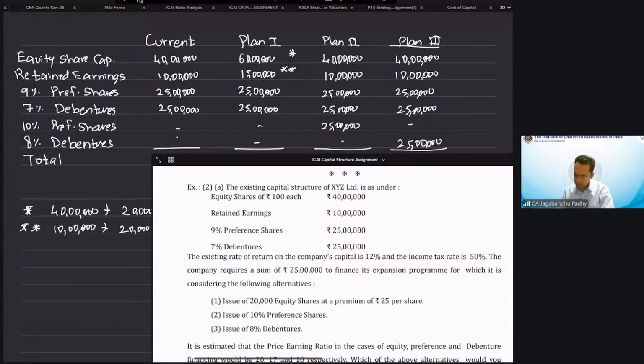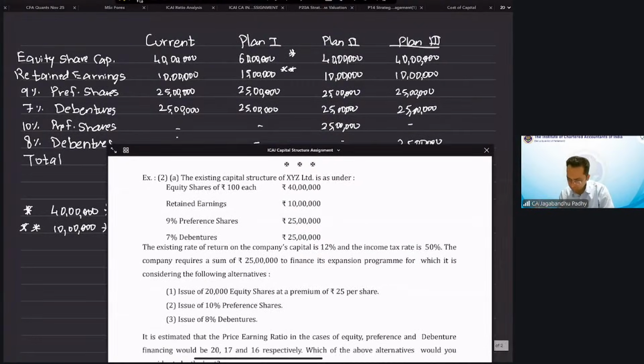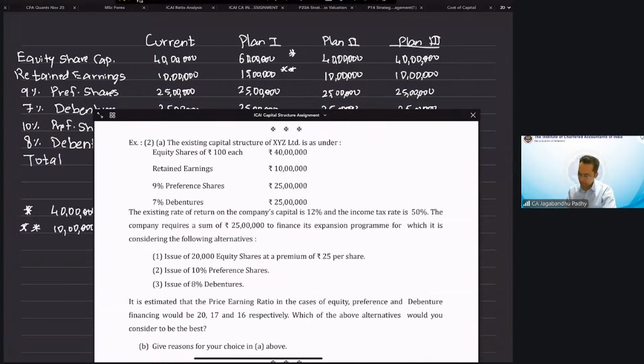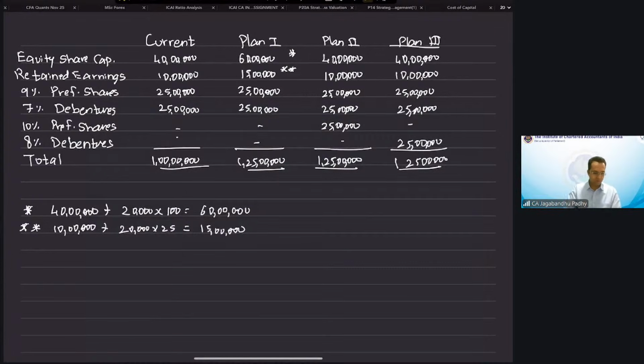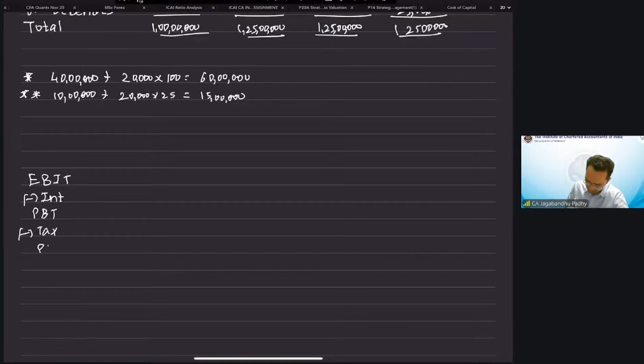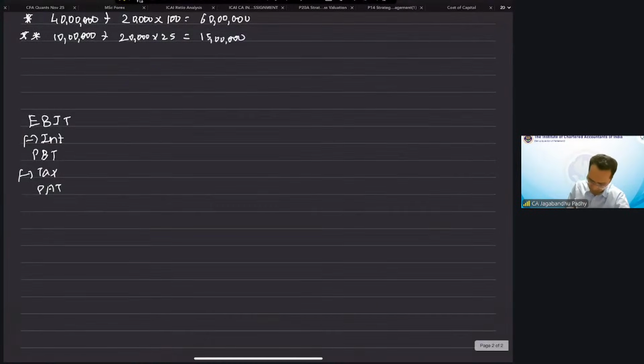And then further they say it is estimated that the price earning ratio is given, and which plan would be considered the best. Now, to calculate that, we subtract the tax to arrive at PAT. Further, we subtract the preference dividend. Then we get the net profit, divide this by the number of equity shares, which will give you EPS.